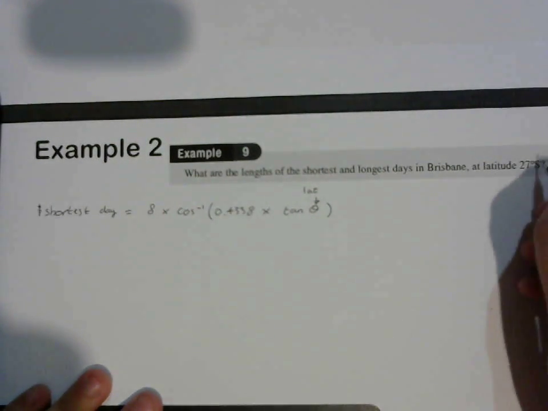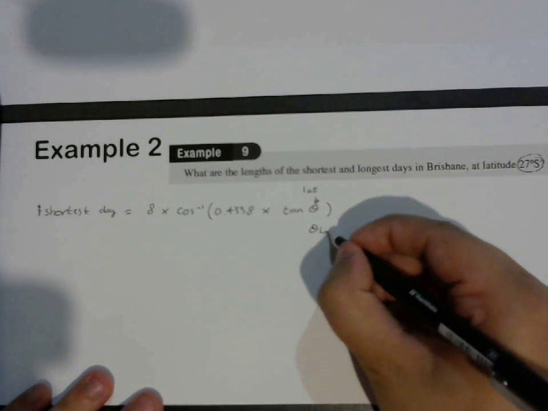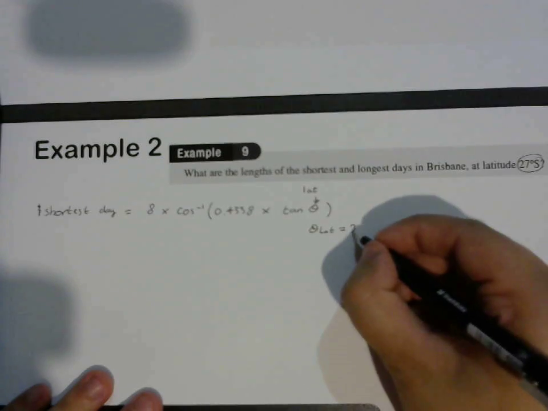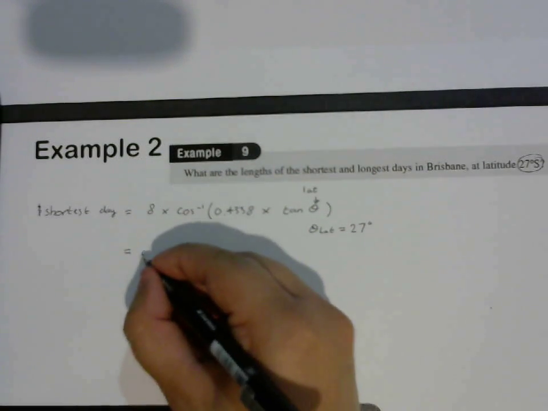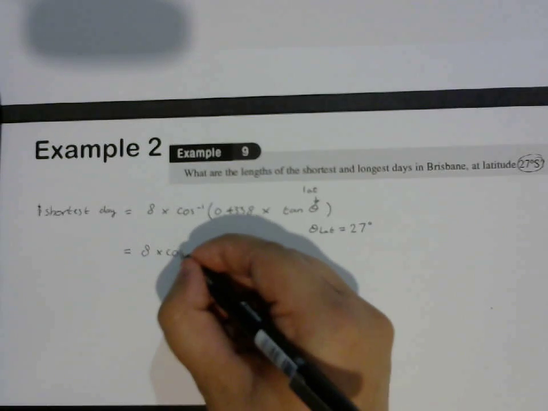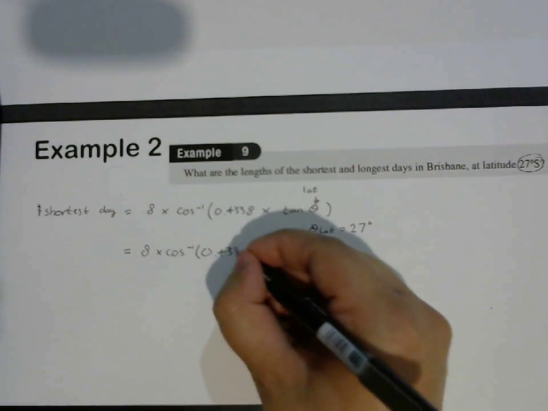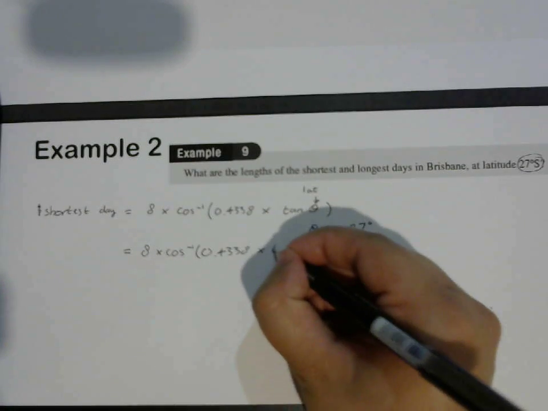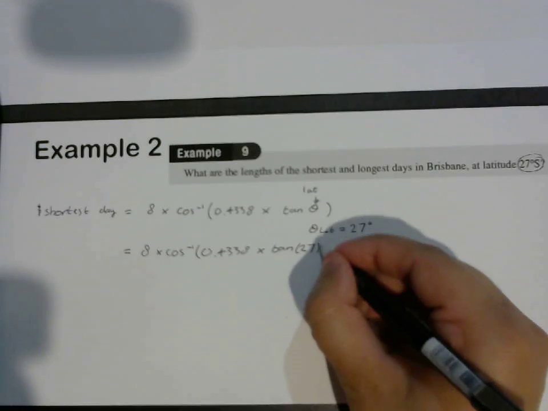For my question, I can read that my latitude is 27. So the shortest day is going to be 8 times cos^-1 of 0.4338 times tan of 27.